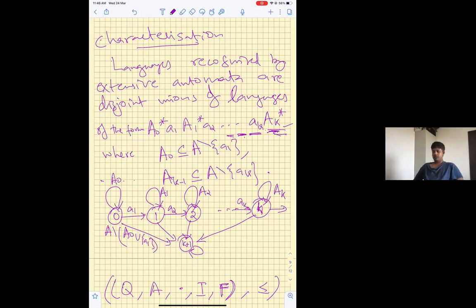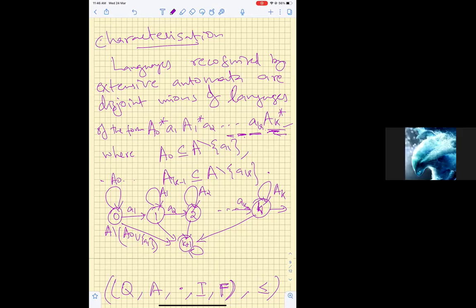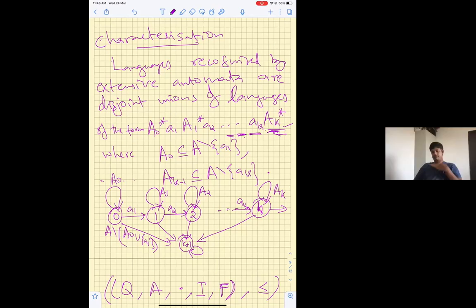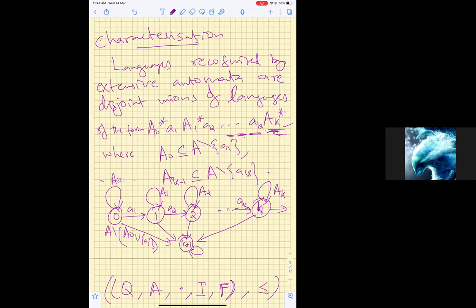If the language is R trivial, then the reverse of that language will be L trivial. It will be recognized by an extensive automaton which reads the input from right to left.